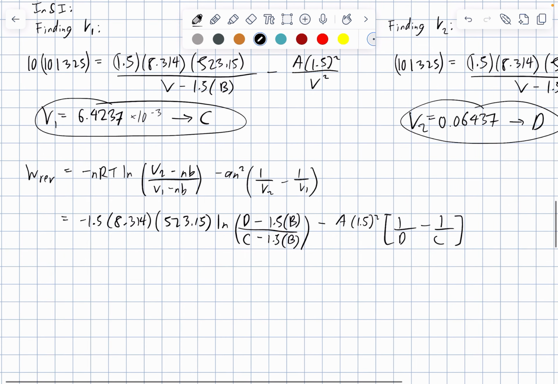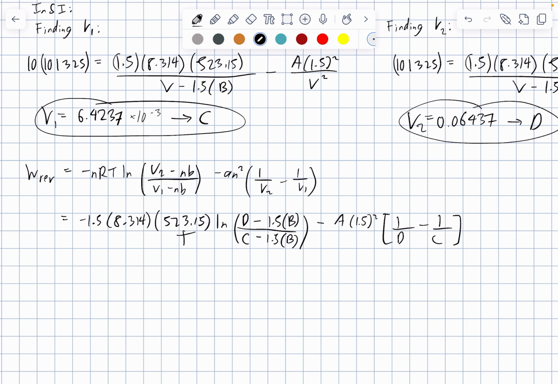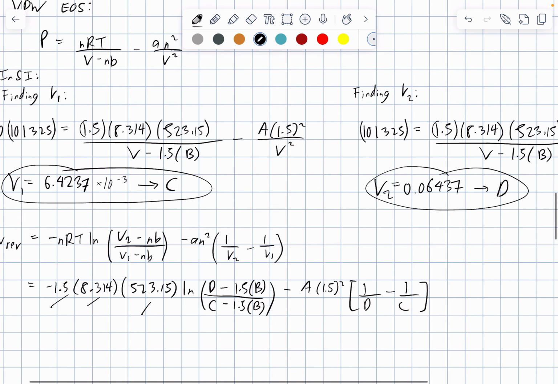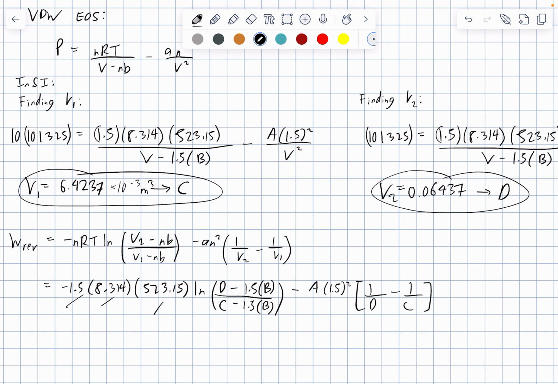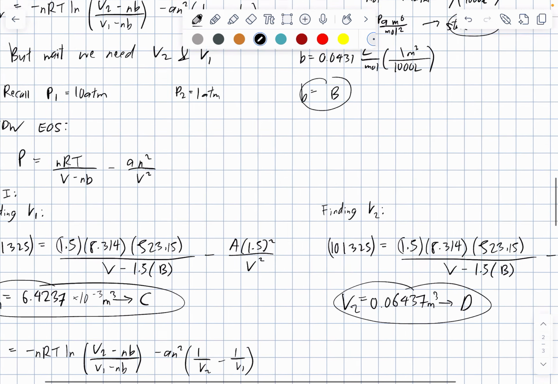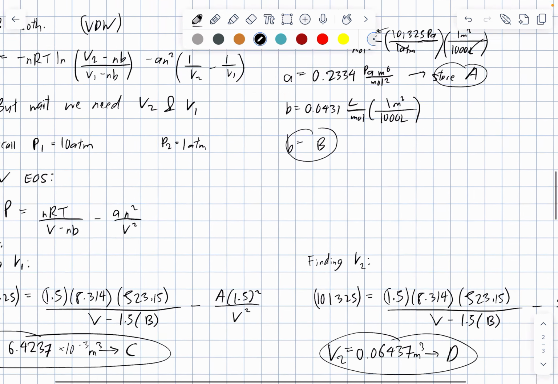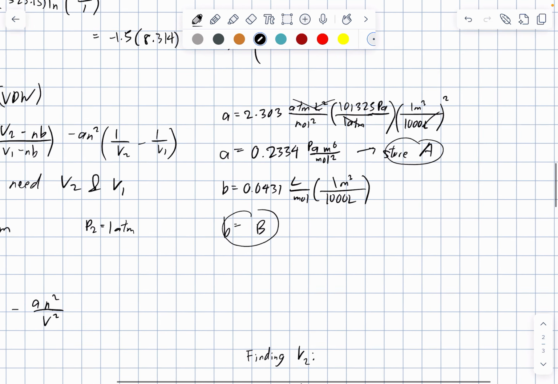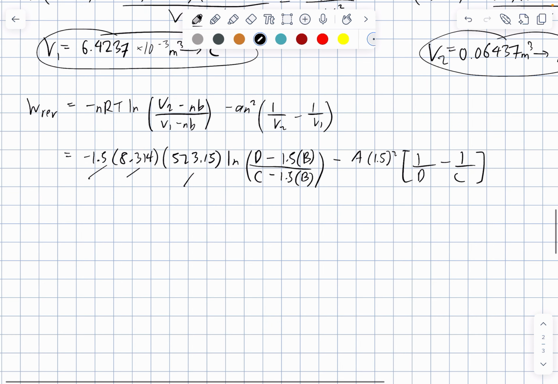Is everything in SI unit? This one is in Kelvin. This one is in joules per mole Kelvin. This one is in mole. C and D are in meter cube, no? That's supposed to be in meter cube. And then, how about b and a? We already converted them into SI units, so everything is in SI.